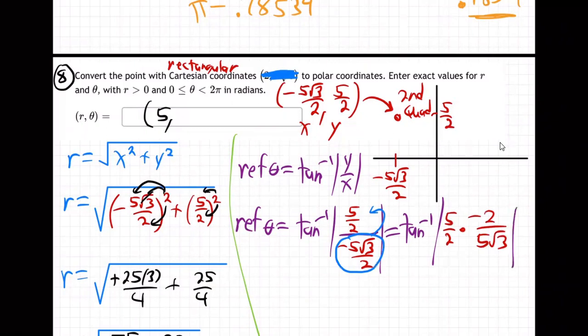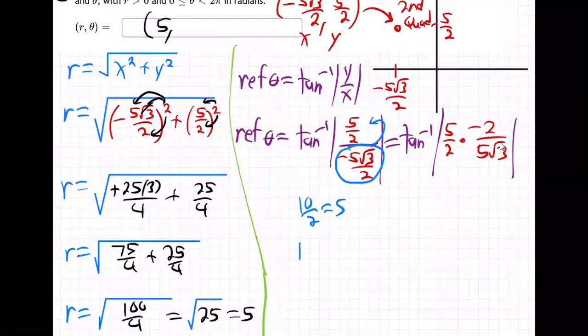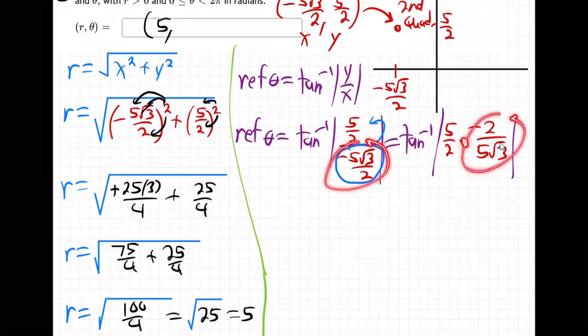I don't like to give you rules without reasons. You know 10 divided by 2 is 5. And that's the same thing as if you take 10 times a half. Half of 10 is also 5. So in other words, dividing by 2 is the same as multiplying by the upside down of 2, right? And so that proves that dividing is just upside down multiplying, which you probably already knew. So that's what I just did here. Dividing by this is the same as multiplying by its upside down. And it's easier that way.